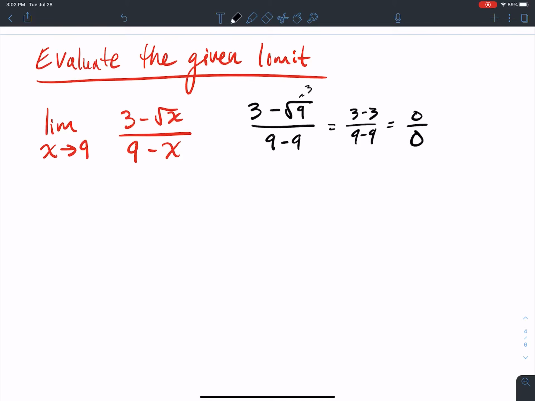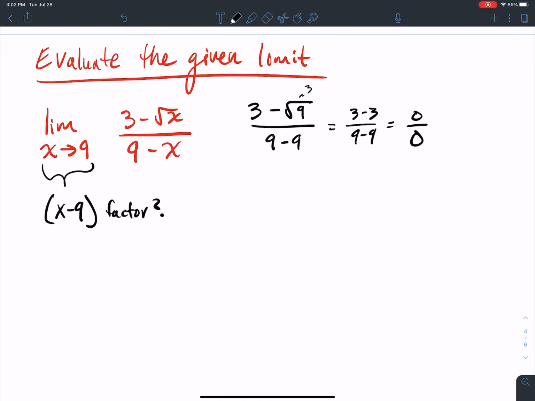Now, in the past, when we've seen this 0 over 0, we might be thinking, oh, this x approaching 9 means there's this x minus 9 factor. Maybe. Okay, maybe not, right? But whenever I look at this, I don't really see an x minus 9 factor in the numerator.